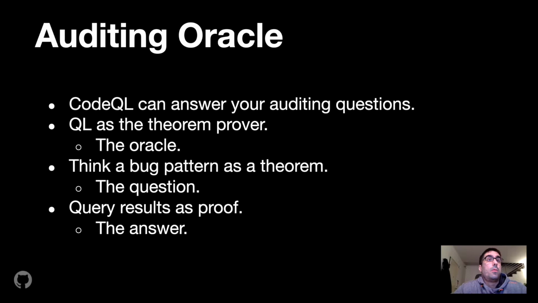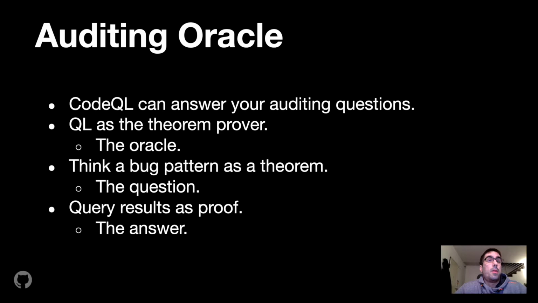So this is where CodeQL enters the game for some of the people at the GHSL, the GitHub Security Lab, and also outside of it. There are a lot of researchers that are using CodeQL as a helper tool for their job. They use it as an auditing oracle that answers the security research questions that the researchers have.